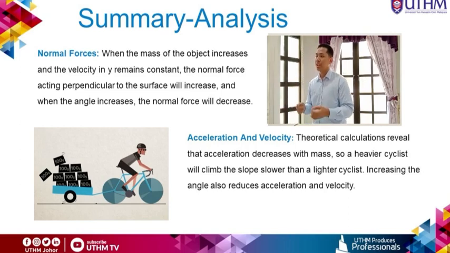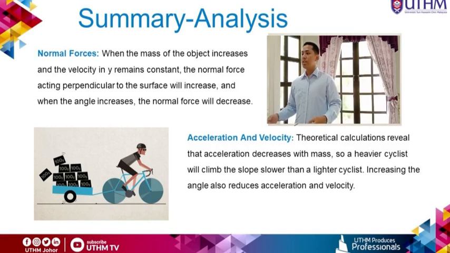As for the acceleration and velocity, our calculation theoretically shows that the acceleration will decrease if the mass is increased. So if the cyclist is heavier, it will need more force to cooperate with the lighter cyclist. Increasing the angle also reduces the acceleration and velocity.